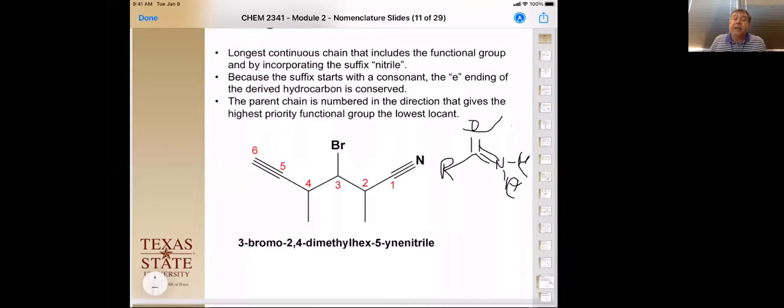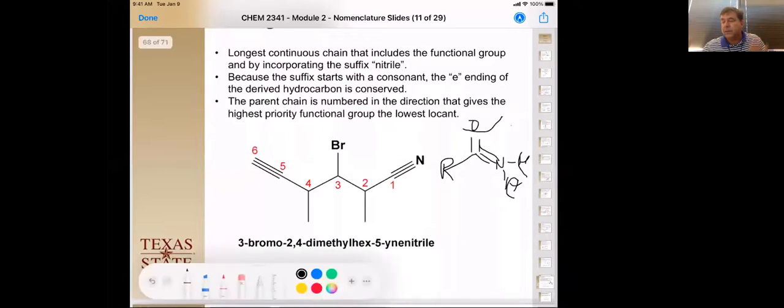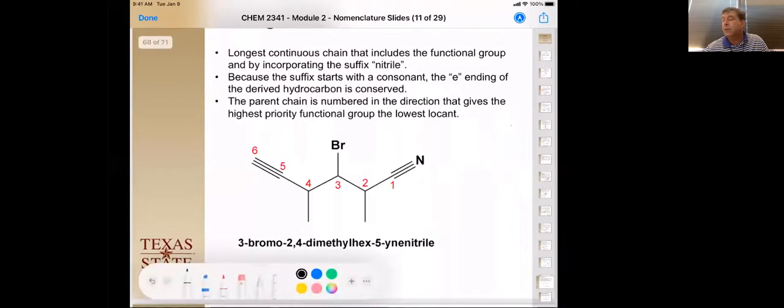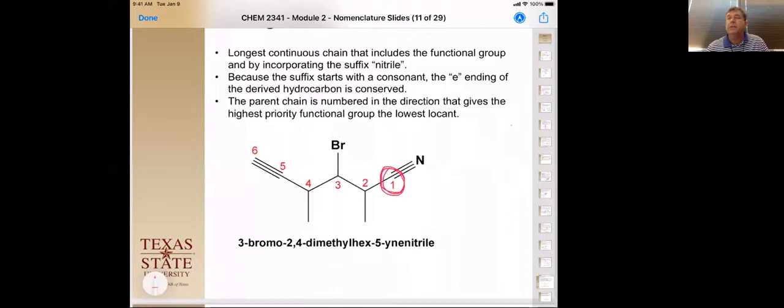In fact, that's how we make it. We actually can make it by a dehydration of amides, which we won't get into until next semester, so don't worry about that. So the idea here is the nitrile, if it's the highest priority thing, it's also a carboxylic acid derivative, which means we start with that carbon of the nitrile, the carbon of the carboxylic acid derivative.